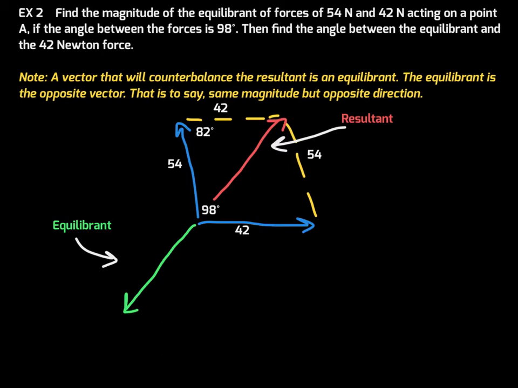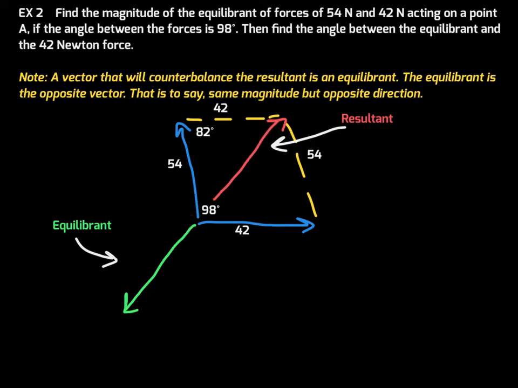But you know what I understand is the length of this vector, the magnitude of the equilibrant, is going to be the same as the magnitude of the resultant. The only thing that's different between these two vectors, the equilibrant and the resultant, is their direction. So to find the magnitude or the length of the equilibrant is to find the magnitude or the length of the resultant.